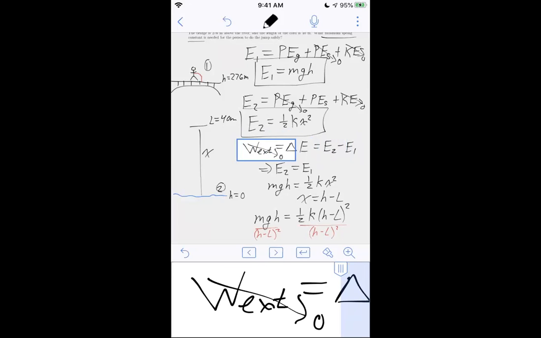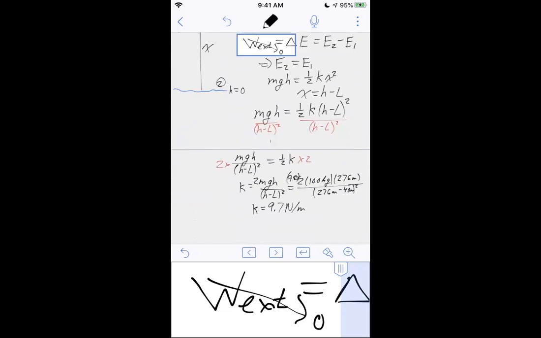Were there any external forces that I can't include in my system? If there is, then the energy is not going to be the same. But in this case, we've taken care of everything. We're ignoring any effects of air resistance because that's too complicated for this class, so we're assuming it is negligible. So in this case, E2 and E1 are going to have the same value.